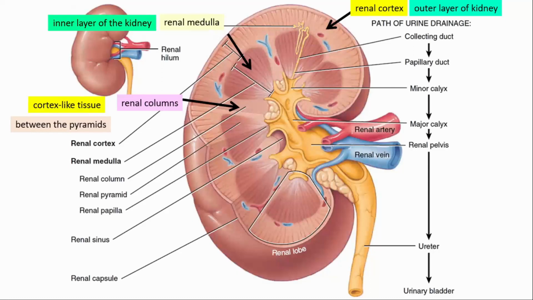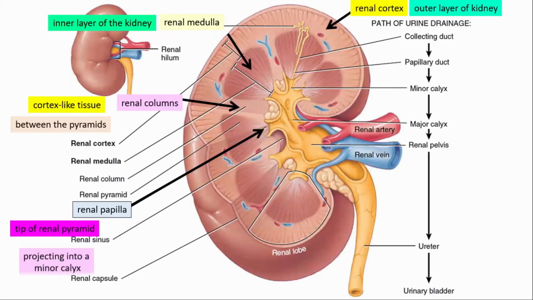Renal columns are cortex tissues between the pyramids of the medulla. Now, the pyramid of the medulla is going to get narrower near the apex, and this is called the renal papilla, where everything that is filtered is going to be poured into the beginning of the drainage system of urine.